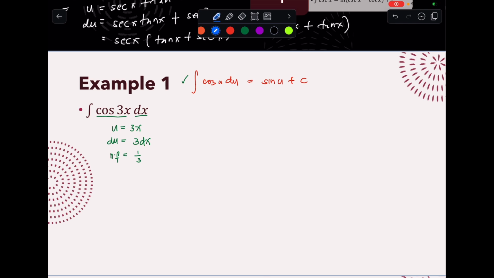So in answering this, we write 1/3, and then the integral of cosine 3x is sine u. Our u is 3x, so that is sine 3x plus c. That is how we find the answer: 1/3 sine 3x plus c. We need to neutralize the numerical coefficient, the 3, which is in excess, that's why we are multiplying it by 1/3.